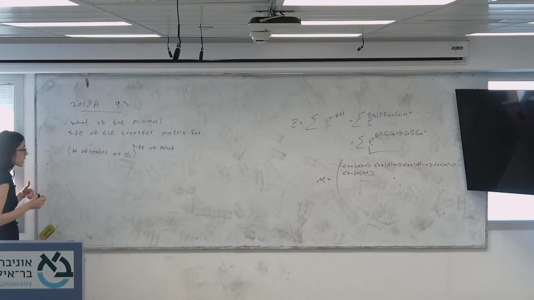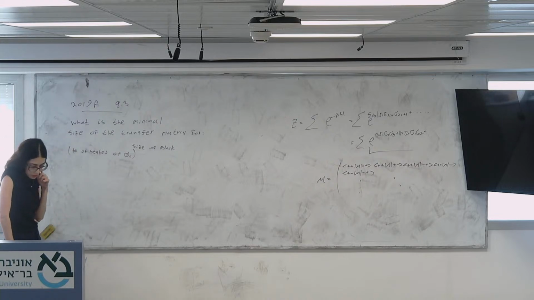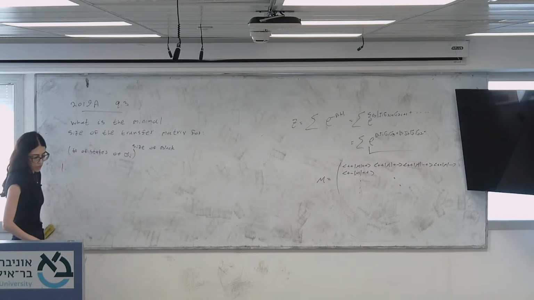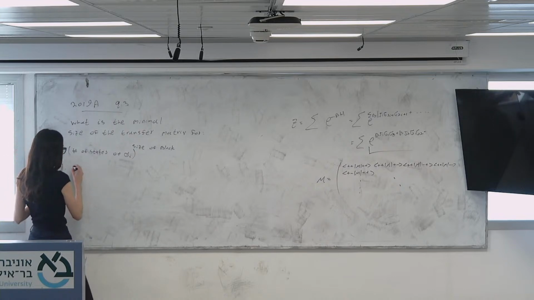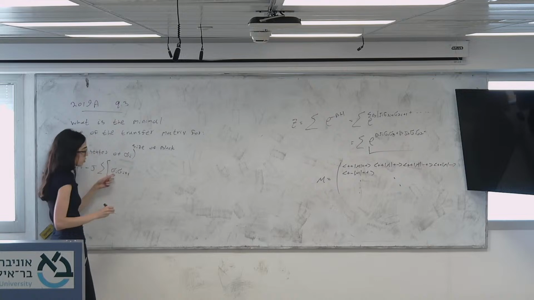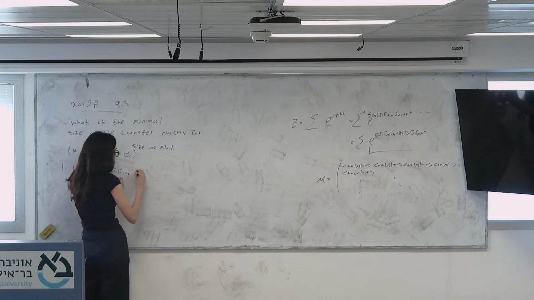So let's see. I start with one example that's actually not on the question, just to show what we are supposed to do. We have a Hamiltonian that looks like this. We have minus J, and then a sum over sigma i and sigma i plus 1, which is the usual Ising model.